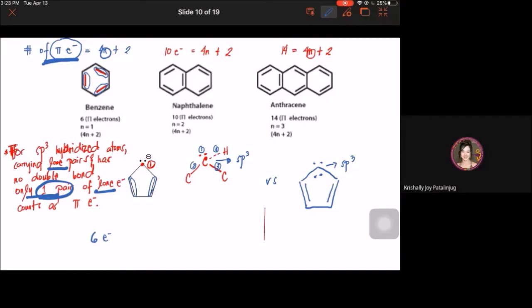Carrying a lone pair, yes. No double bond, yes. But take note, only one pair of lone electrons will be counted as pi electrons. It means that only the part of the ring that contributes to electron delocalization or stability is one pair. Therefore, there are also only 6 pi electrons here.